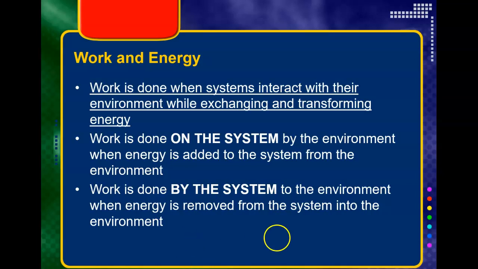When work is done by the system on the environment, energy is released. So when you warm up, you're gaining energy, you're gaining heat, work is done on you. When you cool off, like when you sweat and release energy, your work is on the environment. You're transferring energy to the environment.